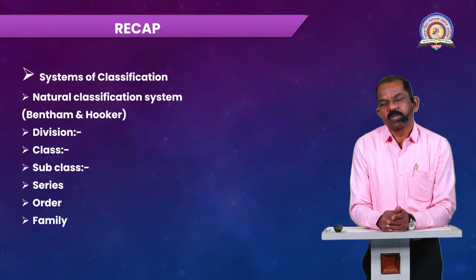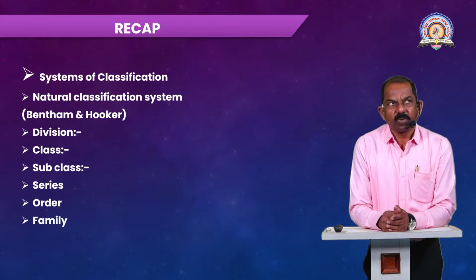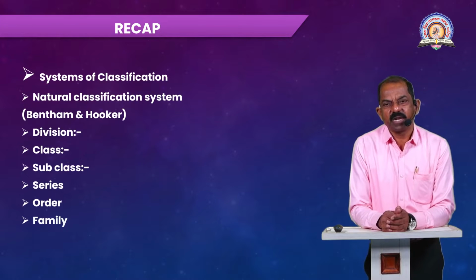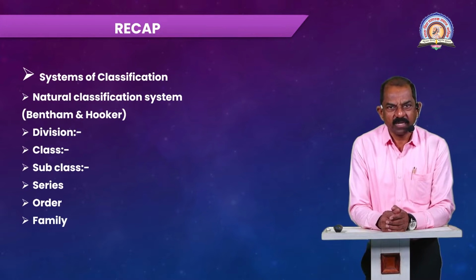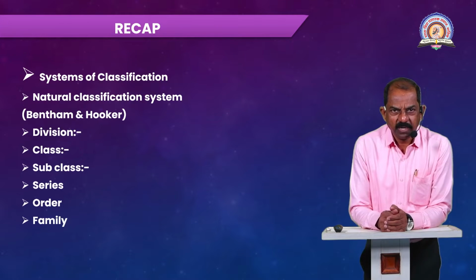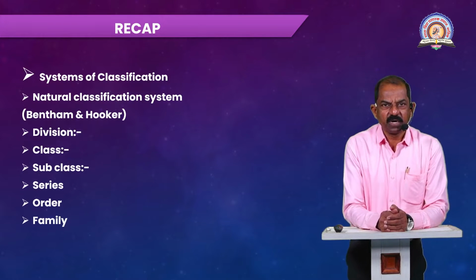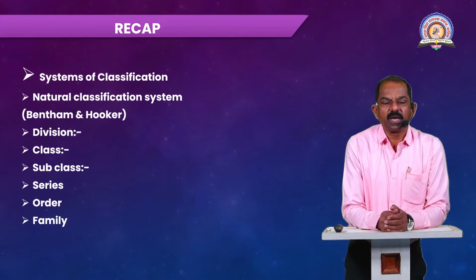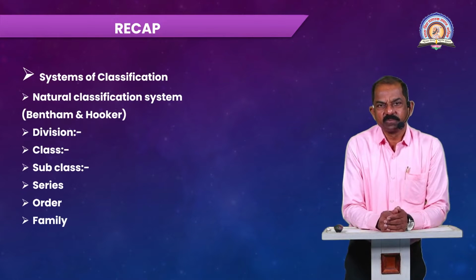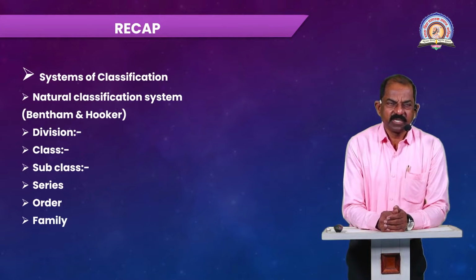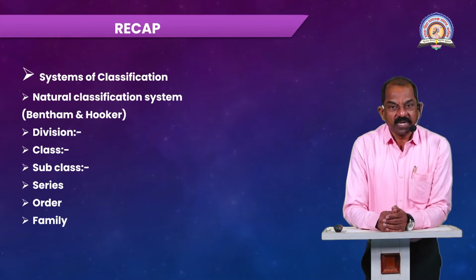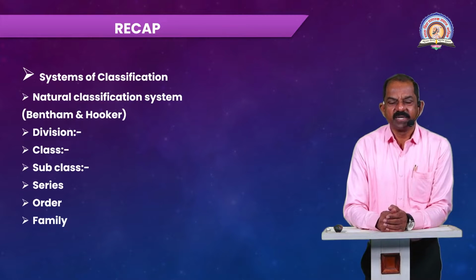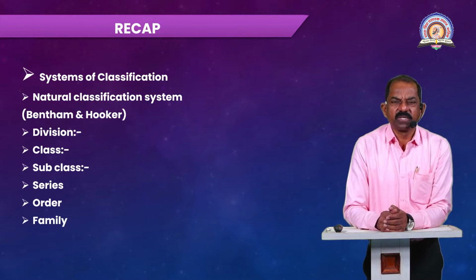Angio and sperm: the plants in which seeds are enclosed within the ovary wall are known as angiosperms, and taxonomy is the identification, nomenclature and classification of plants. So here we study the taxonomy of the plants in which seeds are enclosed within the ovary wall.